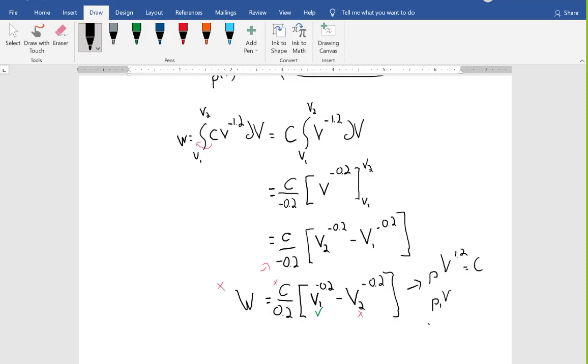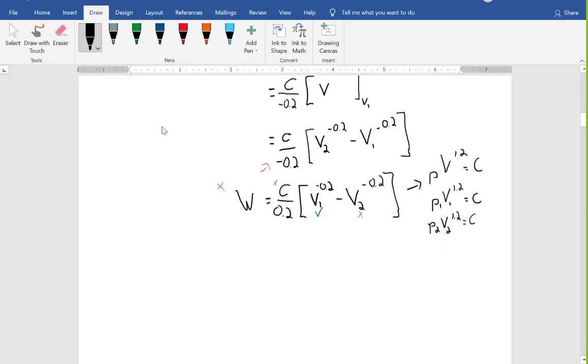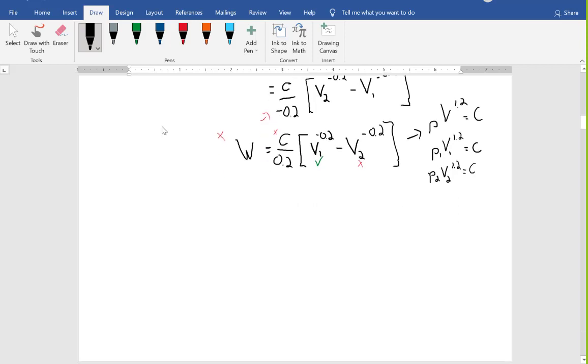So P1 V1 to the 1.2 is equal to that constant, but P2 V2 to the 1.2 is also equal to that constant. So I've got two choices here. I can try to find V2 first, or I can try to find the constant first.